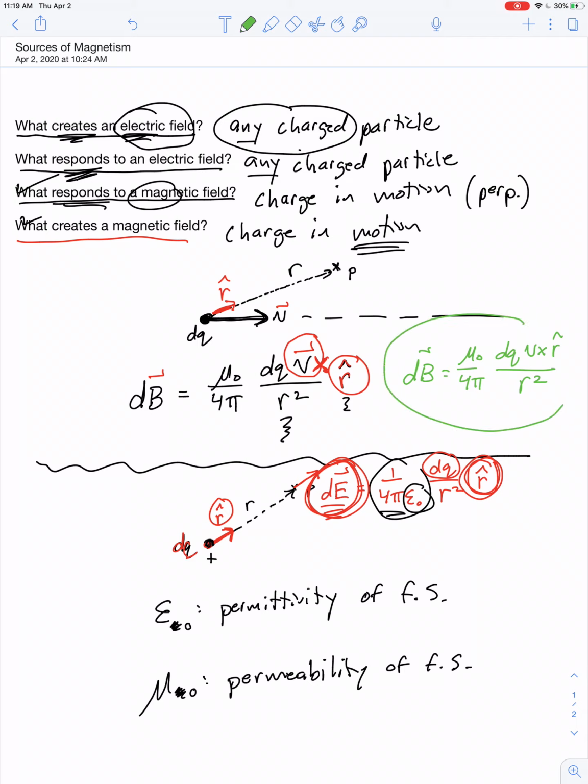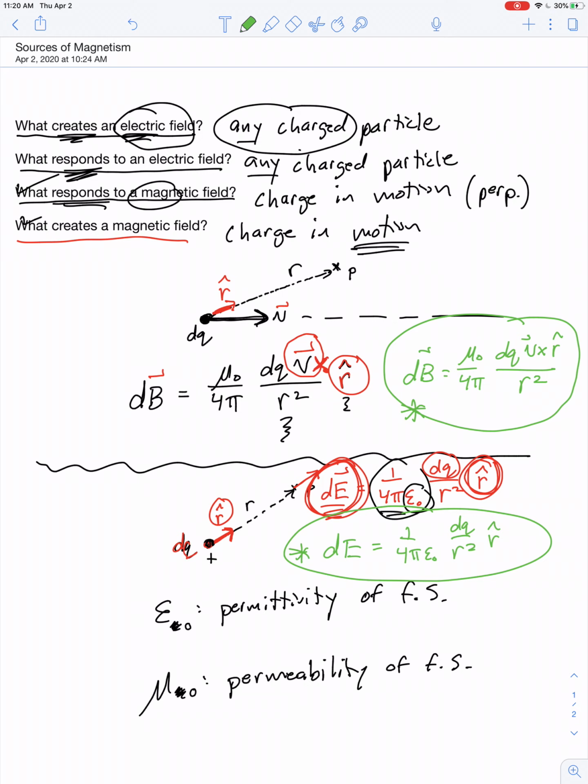Now, if we just stated that without making the comparison to dE equals 1 over 4 pi epsilon naught dq over r squared r hat, I'm not sure this would convey as much meaning if we didn't bother to make the comparison, right?